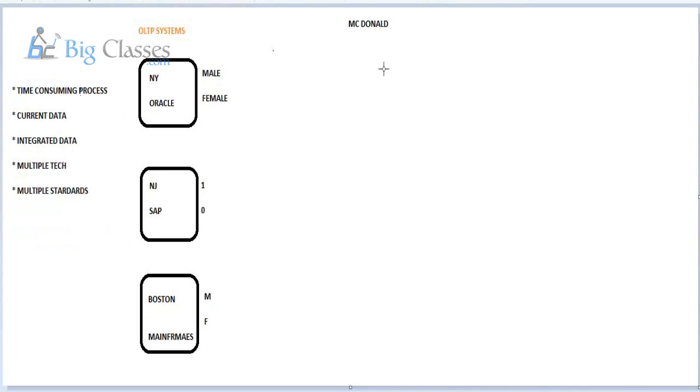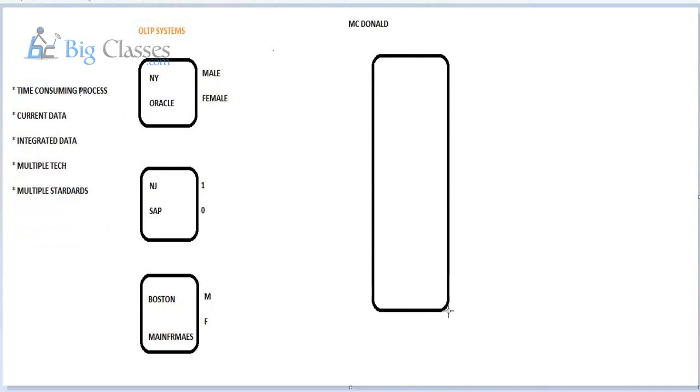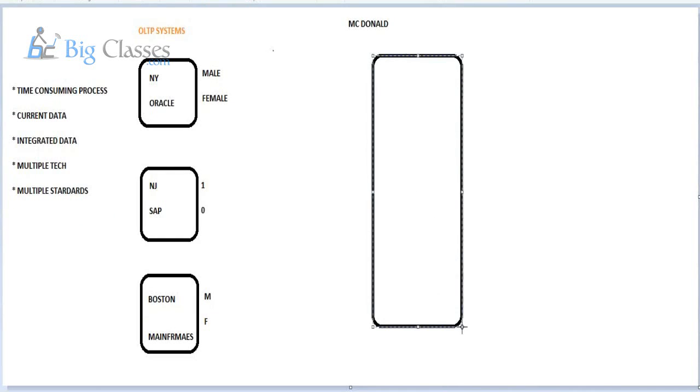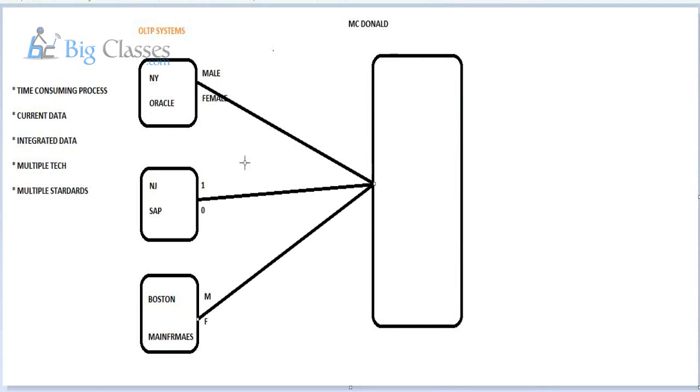So we have a centralized copy of the data. We extract the data from multiple OLTP systems, transform the data into a homogeneous format because we have multiple standards here, and load the data into a very big database which is called a data warehouse.